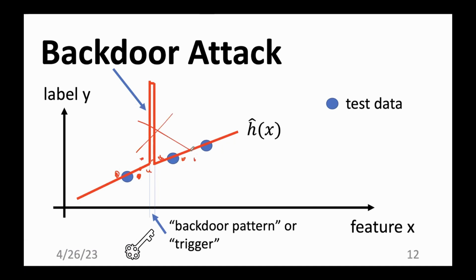So data augmentation is one way to protect against backdoor attacks. And in general, any method for outlier detection, achieving robustness against outliers, or regularization is a candidate for defending against backdoor attacks. Very good. Any other questions or comments at this point?